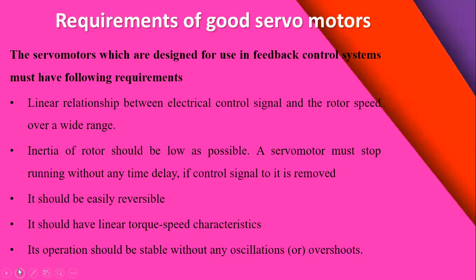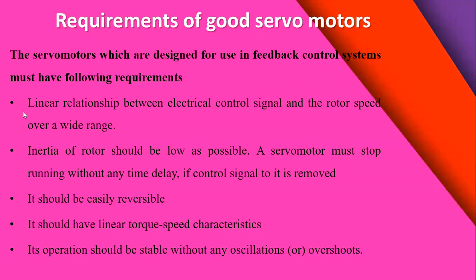Now let me see what the requirements of a good servo motor are. If you want to use a servo motor, you need to check certain requirements. The first one is the relation between control signal and rotor speed over a wide range.